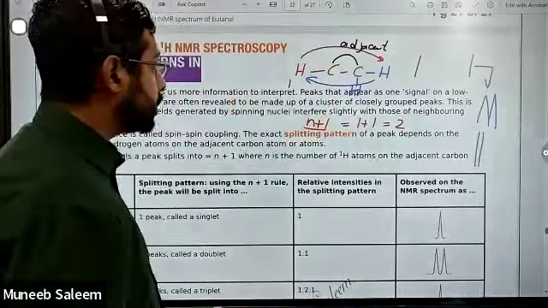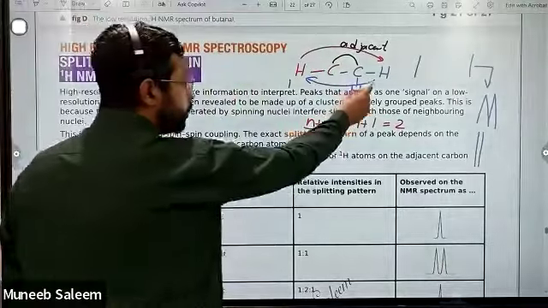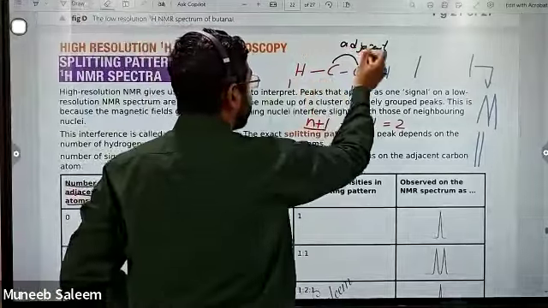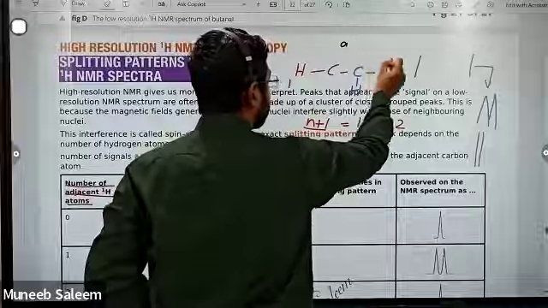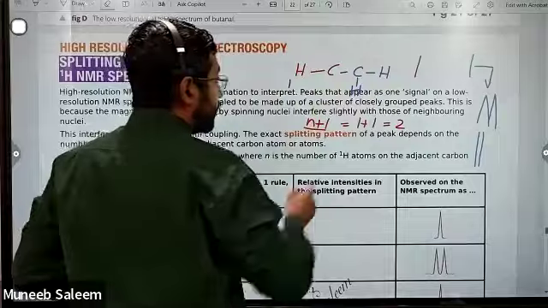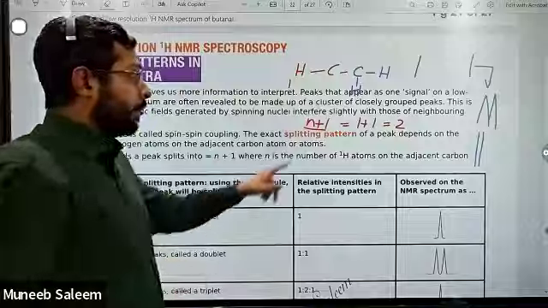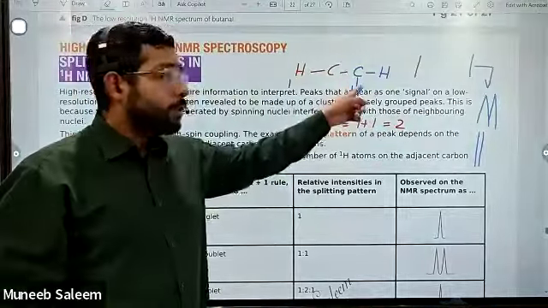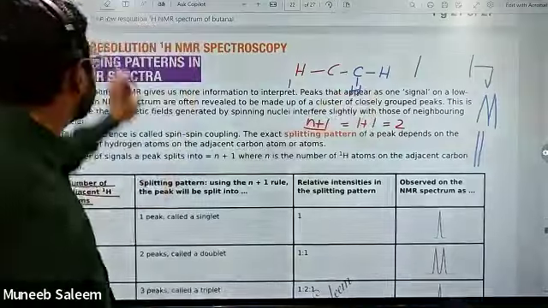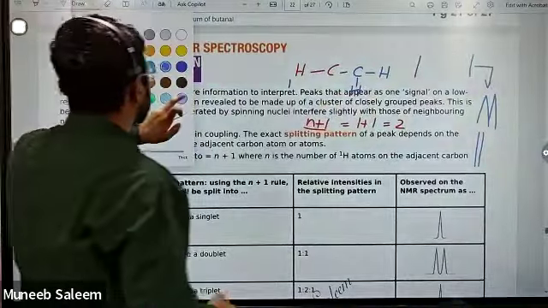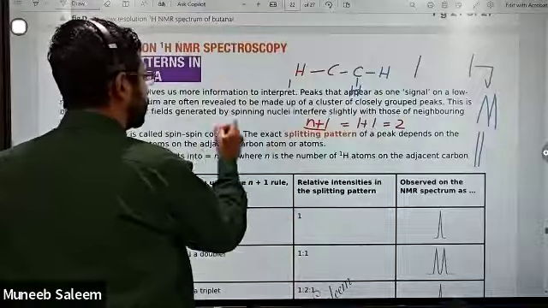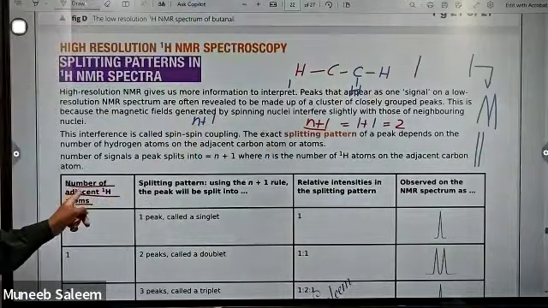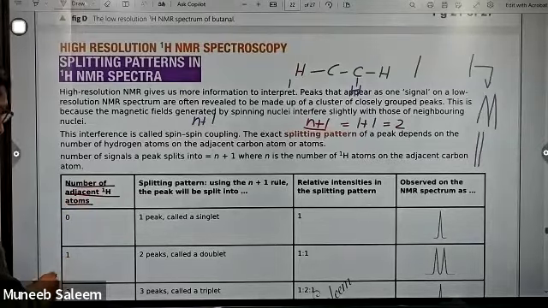Now, if I want to study the effect of the blue hydrogen atoms on the red hydrogen atom, then I will say that the number of hydrogen atoms which are producing the effect is in total 2. So putting the value in the same formula, which is n plus 1, n will be 2 over here, because the number of adjacent hydrogen atoms is now 2.